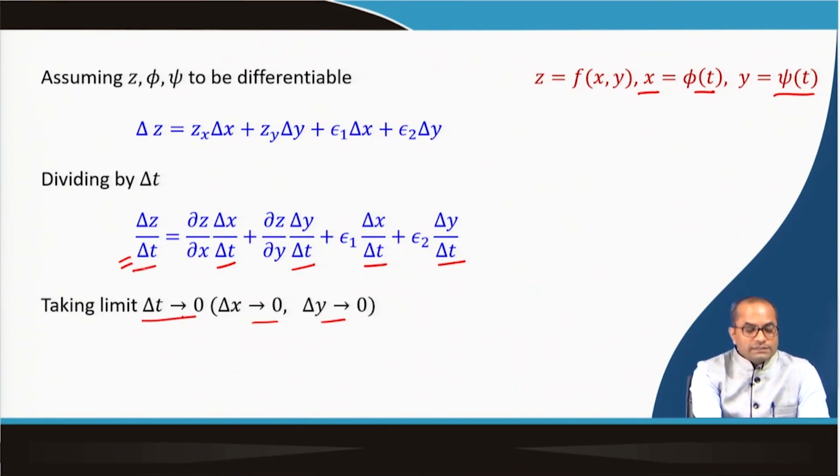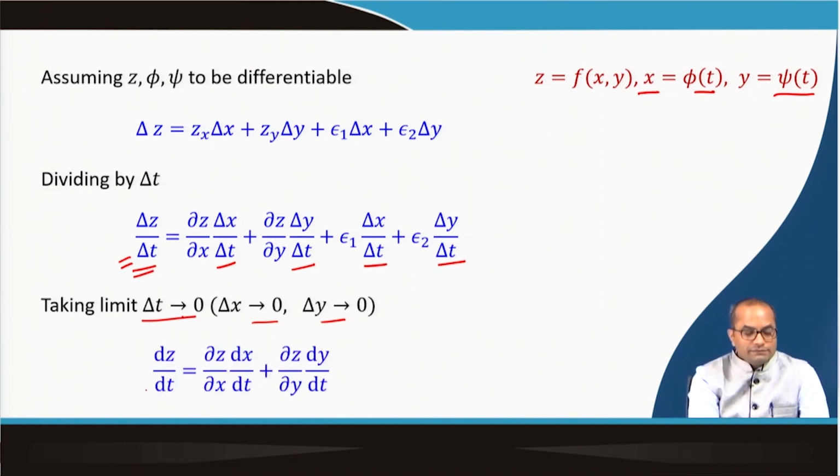Now, here this delta z over delta t, as delta t goes to 0, will become the ordinary derivative dz over dt, which we are looking at. This term delta x over delta t will become dx over dt. This partial derivative is already there and has nothing to do with delta t going to 0.